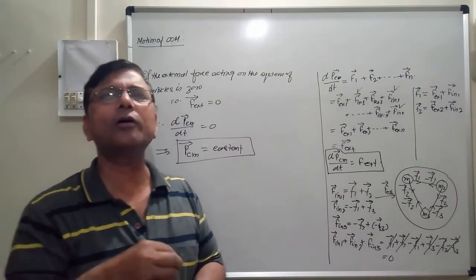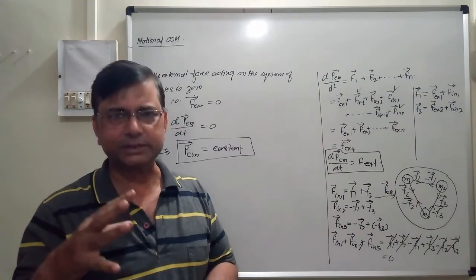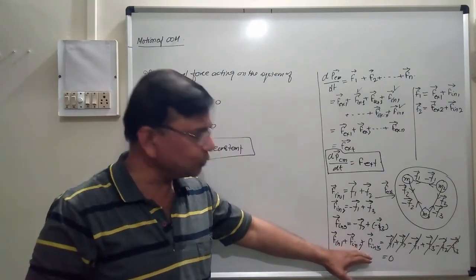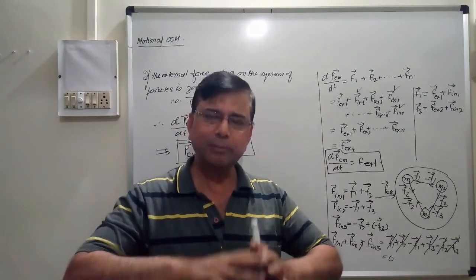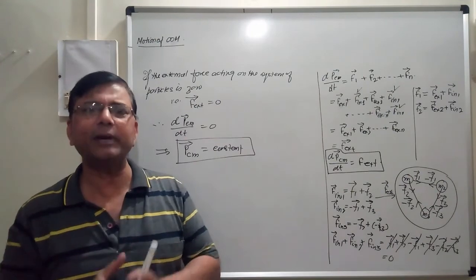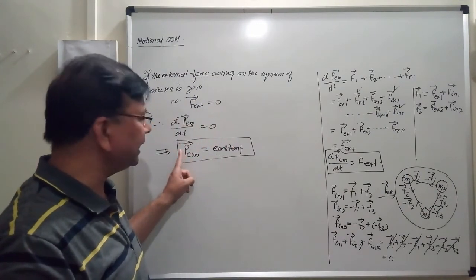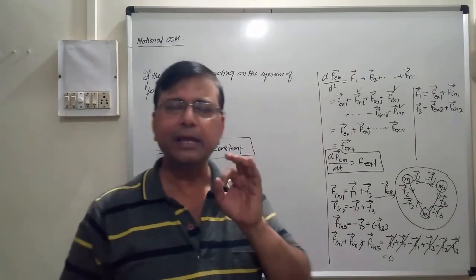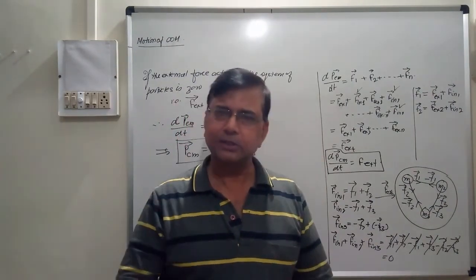But the momentum of the center of mass will be constant. Even though individual particles will have different momenta, the vector sum of all these momenta will be such that the momentum of the center of mass will be constant when there are no external forces acting.